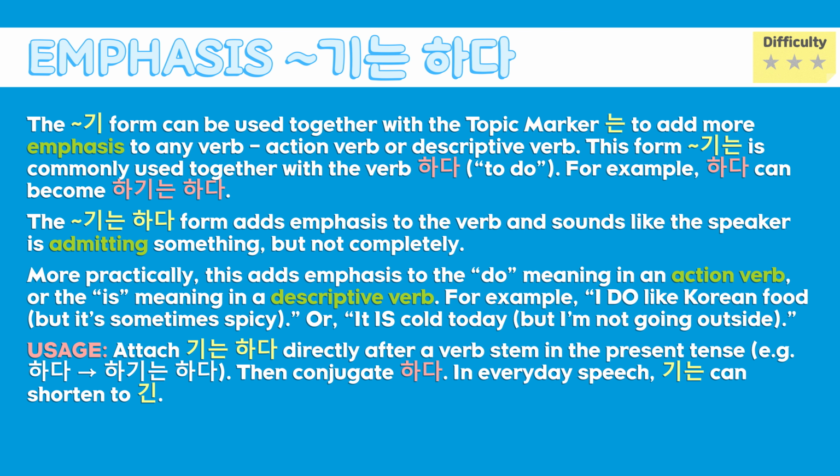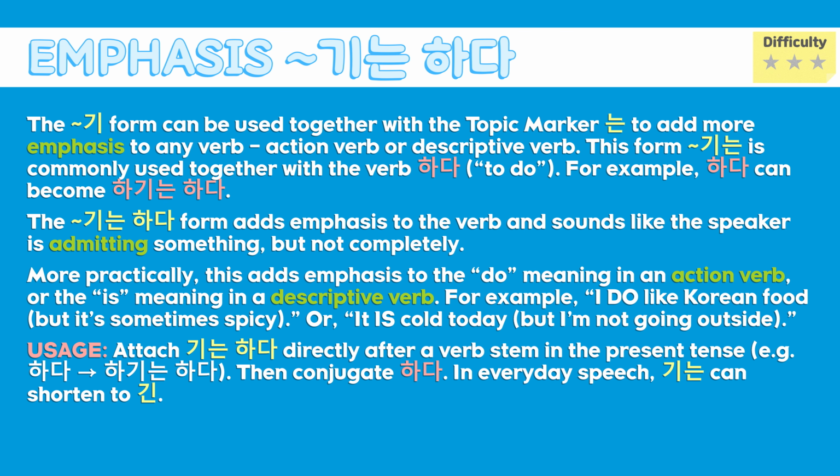The 기는 하다 form adds emphasis to the verb and sounds like the speaker is admitting something, but not completely. More practically, this adds emphasis to the "do" meaning in an action verb or the "is" meaning in a descriptive verb. For example, "I do like Korean food, but it's sometimes spicy." Or "It is cold today, but I'm not going outside."